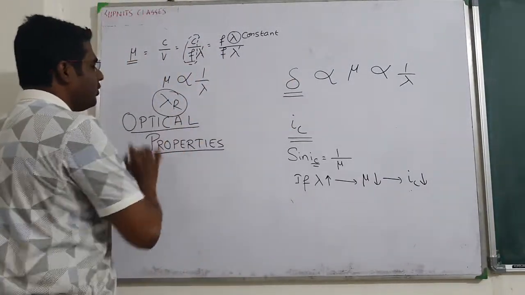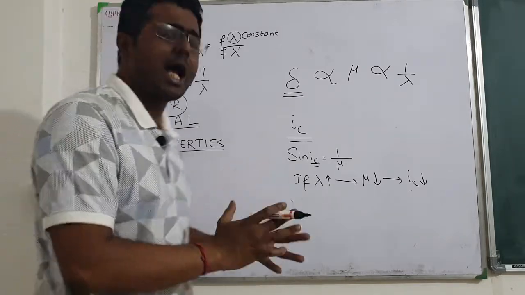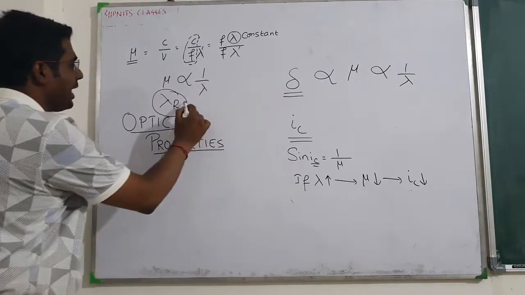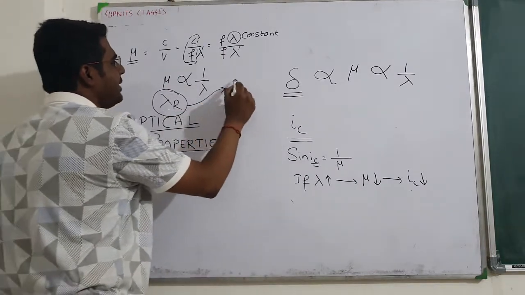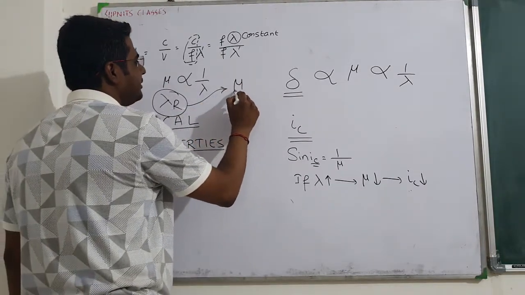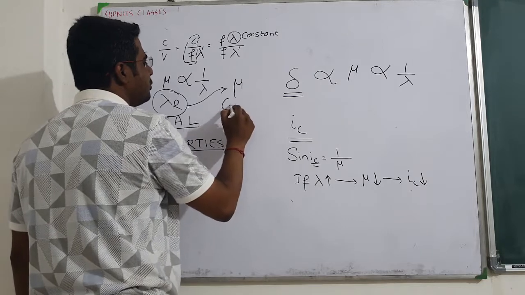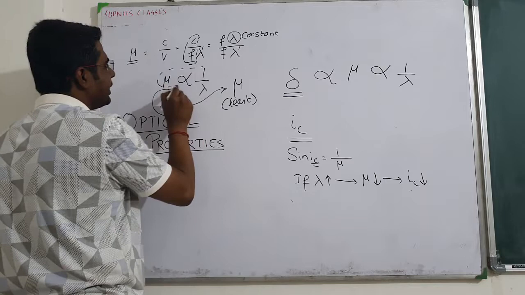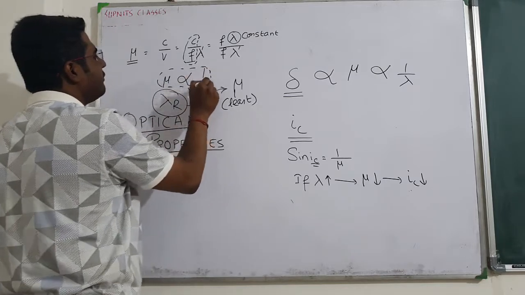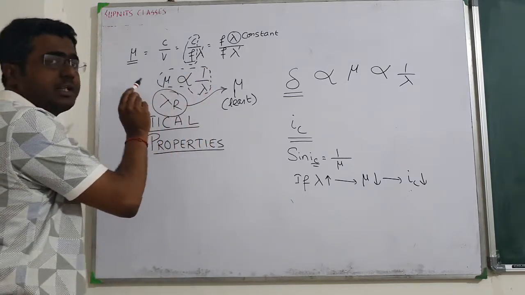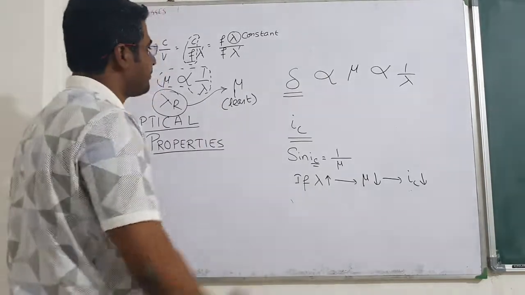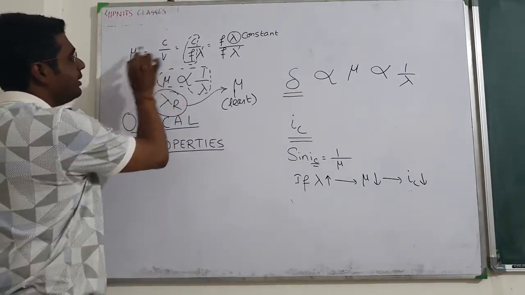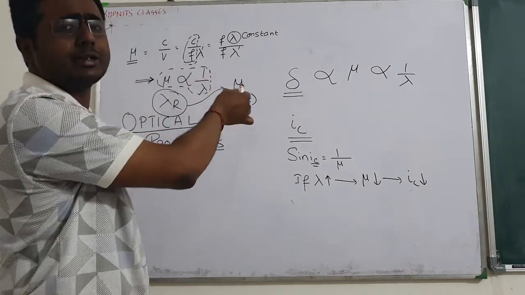At this moment I know that red light has the highest wavelength, done. So if somebody has the highest wavelength, it will obviously have the least mu, because they are inversely proportional. Somebody having the highest wavelength will have the least refractive index, done by just this one basic principle. You do not need to remember, you know it already, it is mathematics, right?